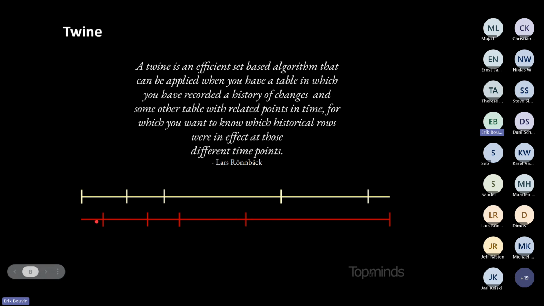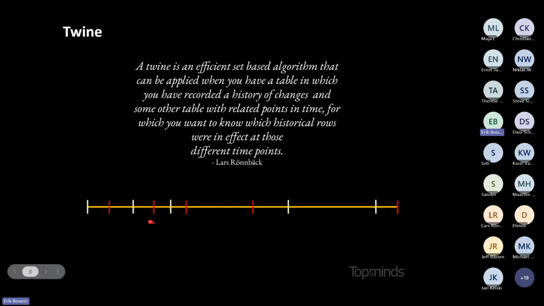And on the bottom here, you see my sales transactions, which isn't that many compared to my dimensional changes. But what a Twine does is that it unifies these two timelines into one, and then looks at, for this point in time of sale, which version of Erik was valid at that point in time.